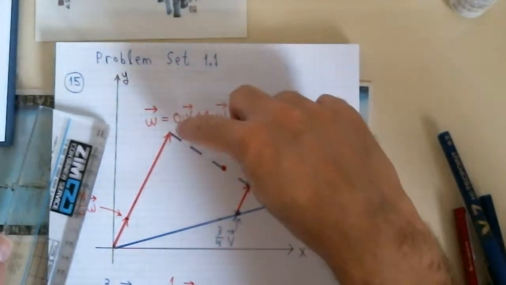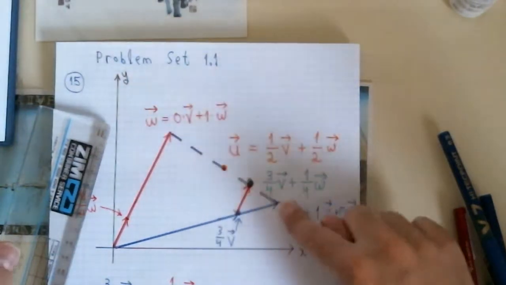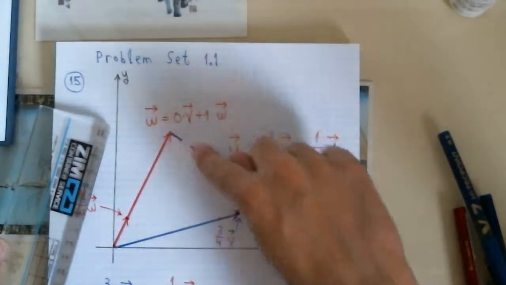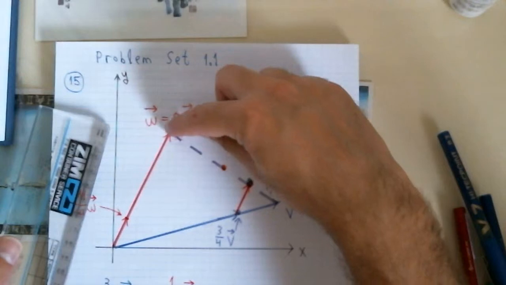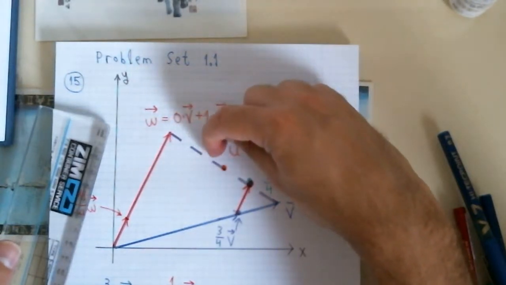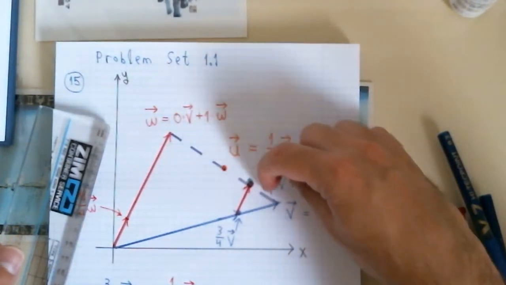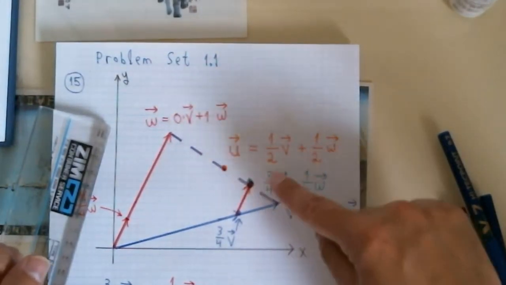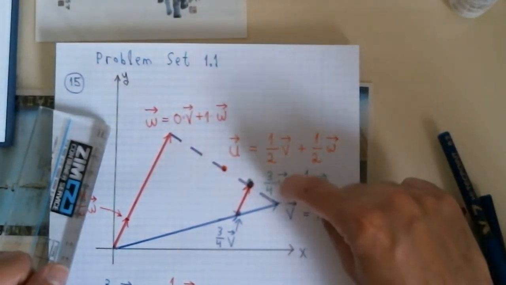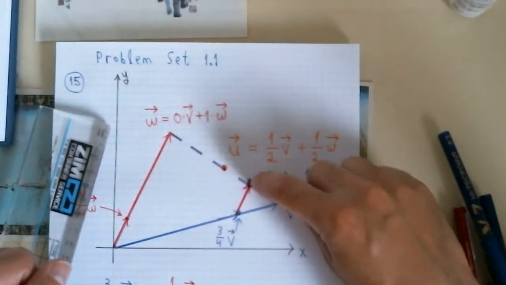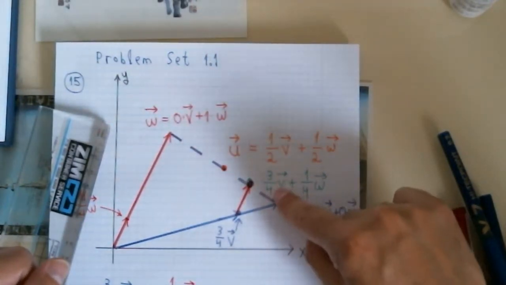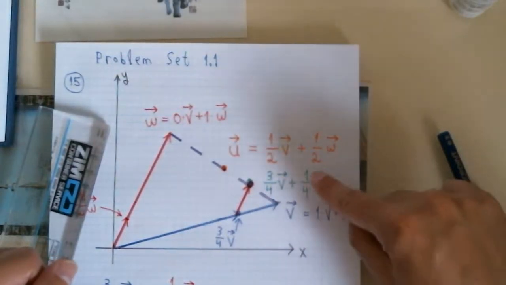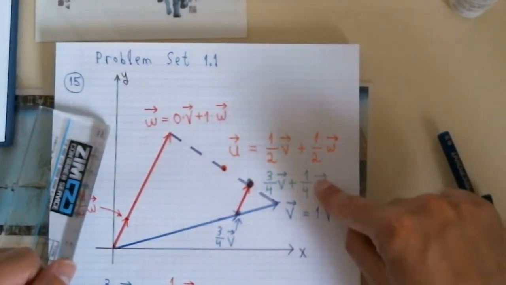So if we divide this purple line into 4 parts, this is 1/4, 2/4, 3/4, 4/4. The green point would be 3/4 of the way towards V, because it has 3/4 of the influence, and W has only a quarter of the influence.